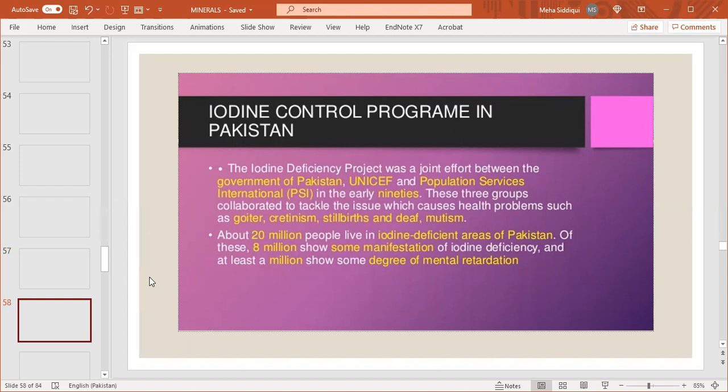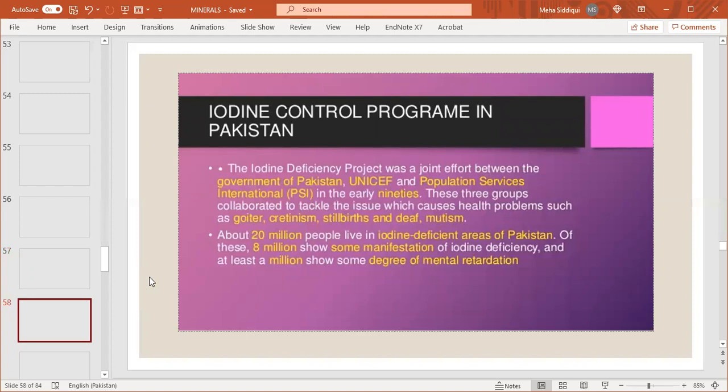Iodine Control Program in Pakistan. The Iodine Deficiency Project was a joint effort between the Government of Pakistan, UNICEF, and Population Services International in the early 90s. These three groups collaborated to tackle the issue, which causes health problems such as goiter, cretinism, stillbirths, and deaf mutism. About 20 million people live in iodine-deficient areas of Pakistan.